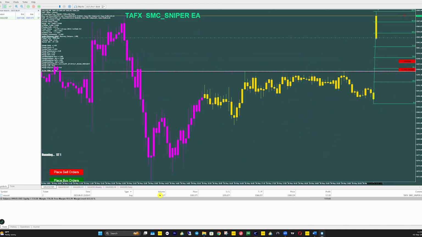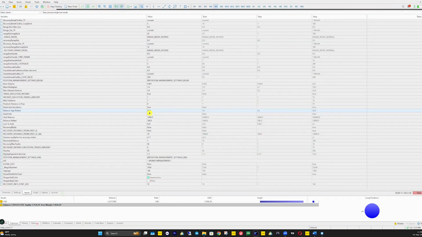But you can see the lot size is still increasing automatically. So after setting the break filter and also the sub-D pips filter, you no longer need to do anything else. All the game that you're going to play is with the risk ratio of your equity. That's all you need to do.